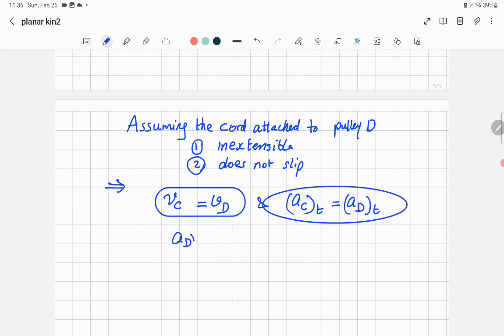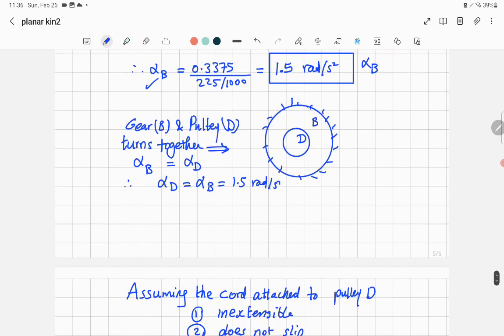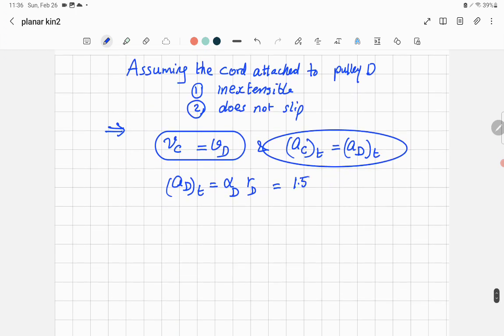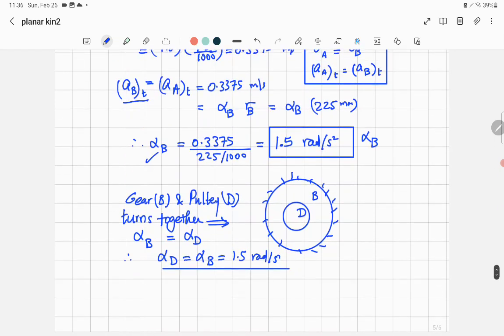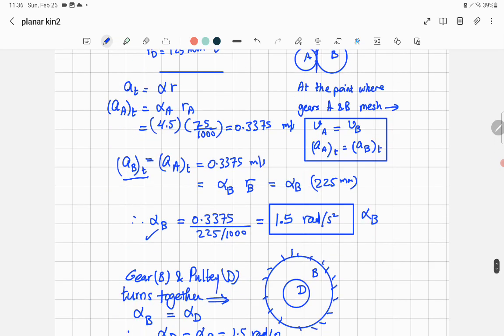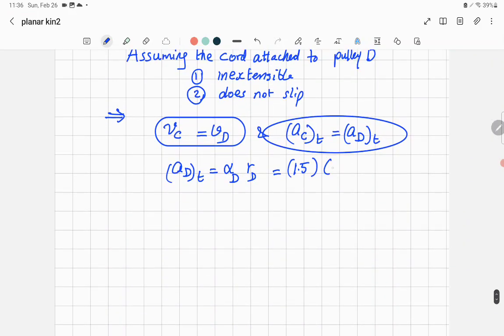The acceleration of D, the tangential component, equals alpha R. So we use alpha D and R D. Alpha D, we got it. If you remember, alpha D is equal to 1.5 radian per second squared. And R D is given, 125 millimeter, divided by 1,000 to convert to meters. The tangential acceleration will be 0.1875 meter per second squared.